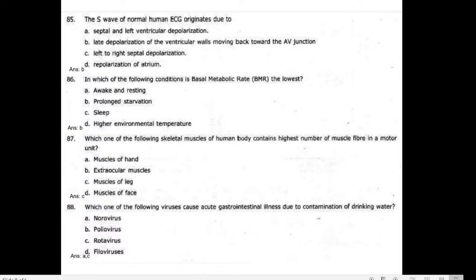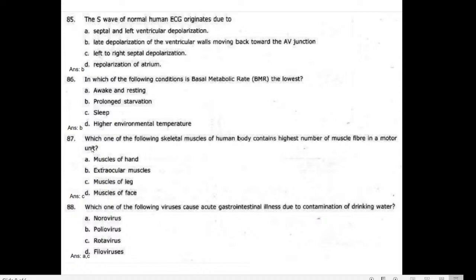If you are running or walking, we utilize more energy. The basal metabolic rate is nearly 1400 calories for women and 1800 calories for men for the same functions.